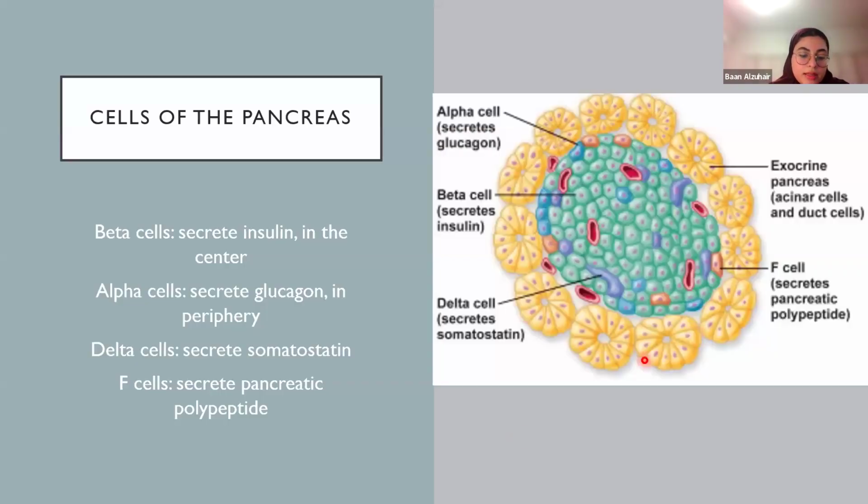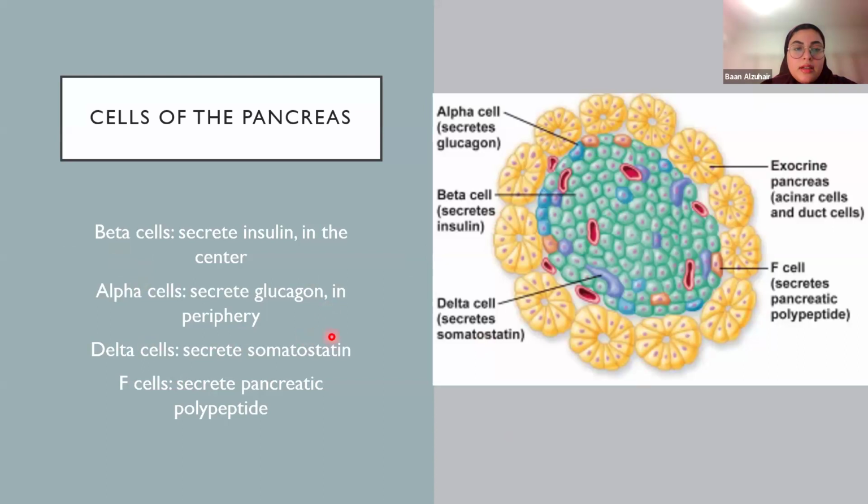We have three types of important cells. The most abundant cell, usually filling the islet of Langerhans, is the beta cell. The beta cell secretes insulin and is usually found in the center of the islet. Alpha cells are found in the periphery, at the edges of the islet, and they secrete glucagon.